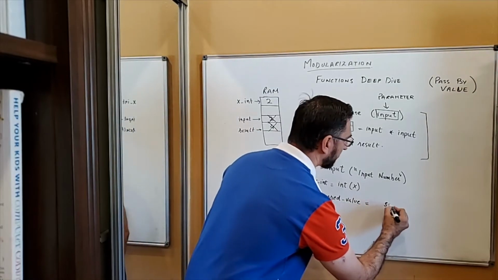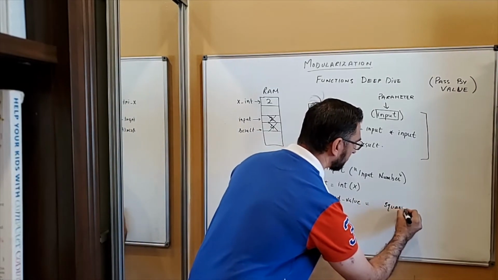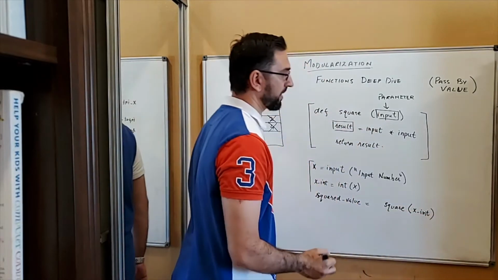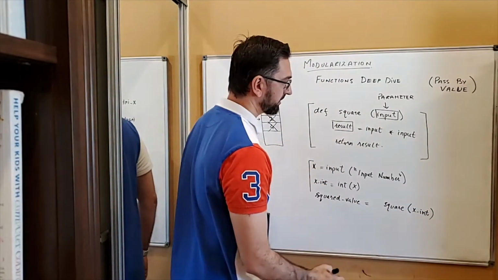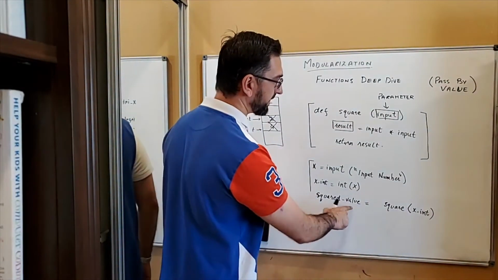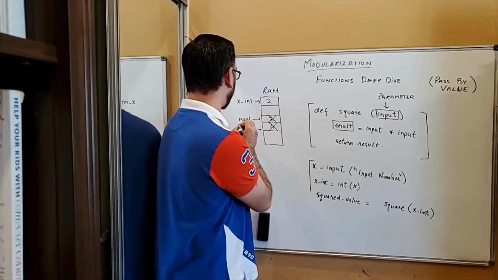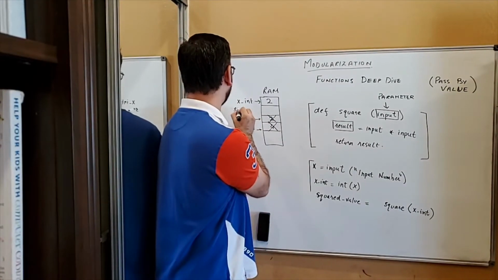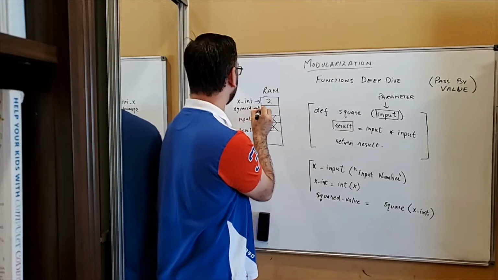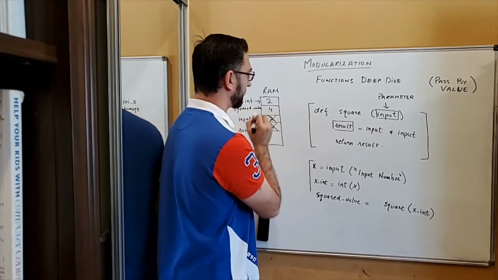When we call the function square, passing it x int, it will square this number, and the result is stored in the squared value variable. So somewhere in RAM, it will create another variable, squared value, and store the result from here.